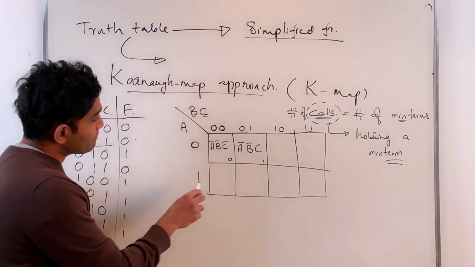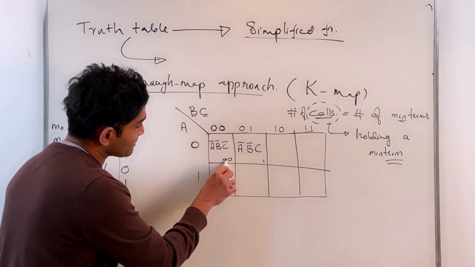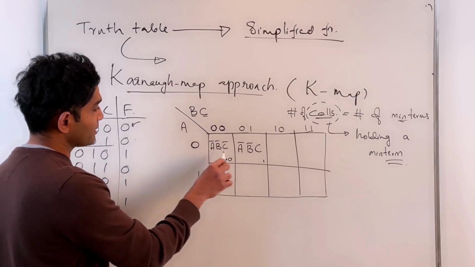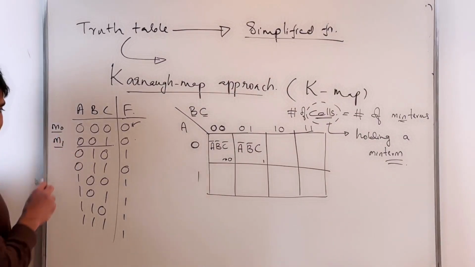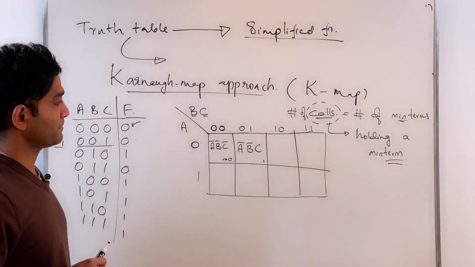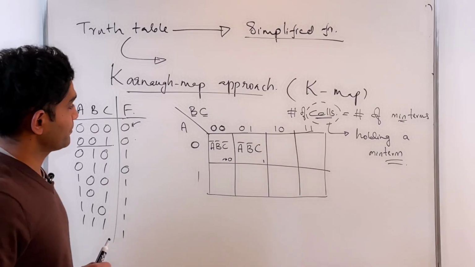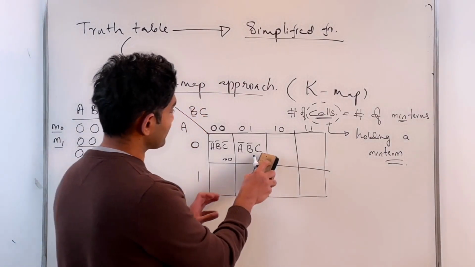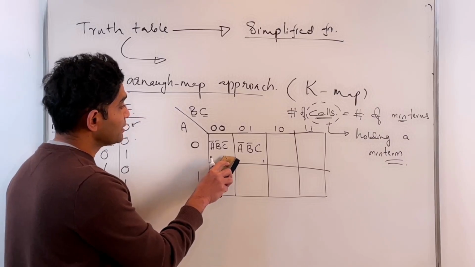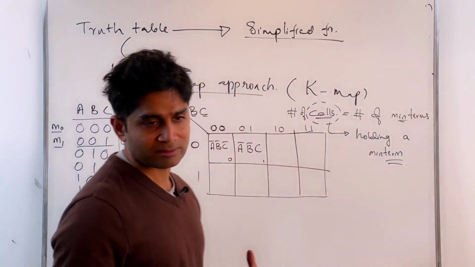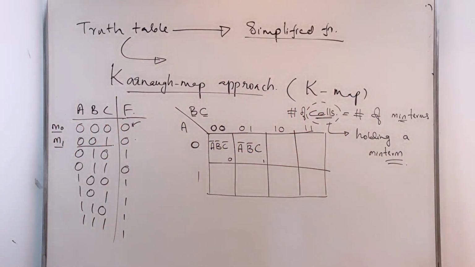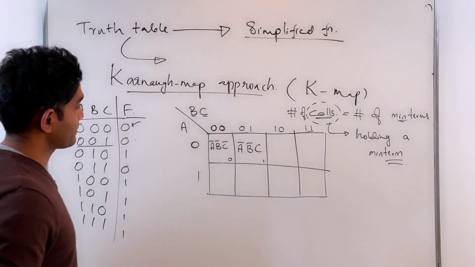Now these numbers are not representative of the function. These numbers correspond to the minterm numbers, the minterm positions. So the numbers I'm writing here correspond to the minterm position. I have not described the function yet. I'm just looking at the cells and the description of the cells. I will get to that in a few minutes.